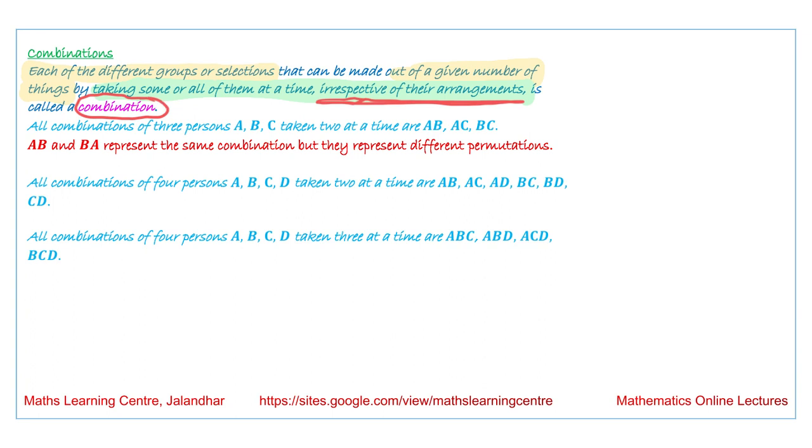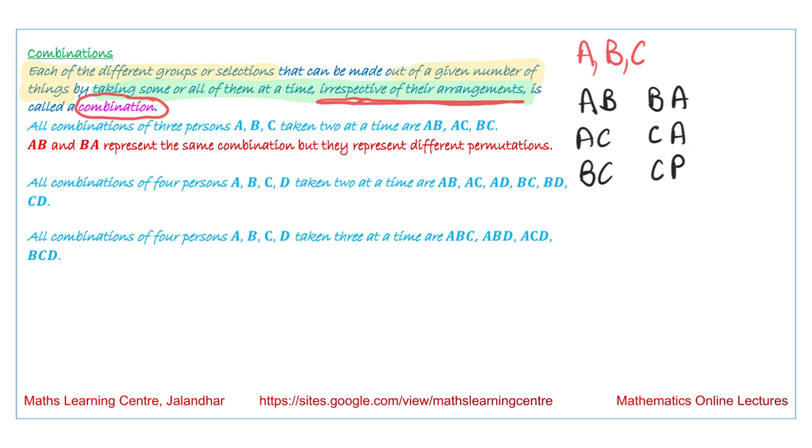If we have three persons A, B, C and we want to choose two persons, when we talk about permutations we say AB, BA, AC, CA, BC, CB. These are the permutations because we are talking about arrangement. AB and BA correspond to two different arrangements.